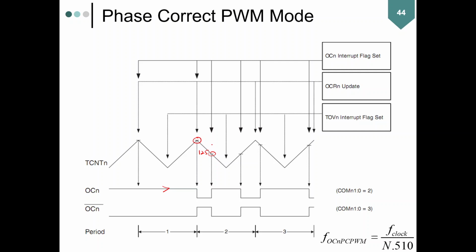As soon as you do that, your output compare pin goes low. It remains 1 as long as your output compare register value is set to max. But as soon as it is different than max or bottom, then your output is driven low on the down counting side.